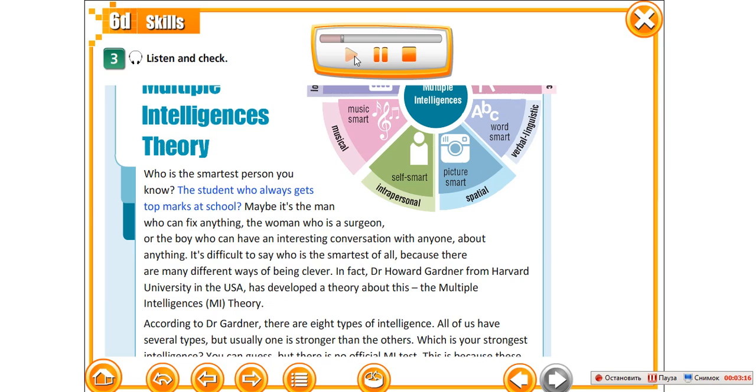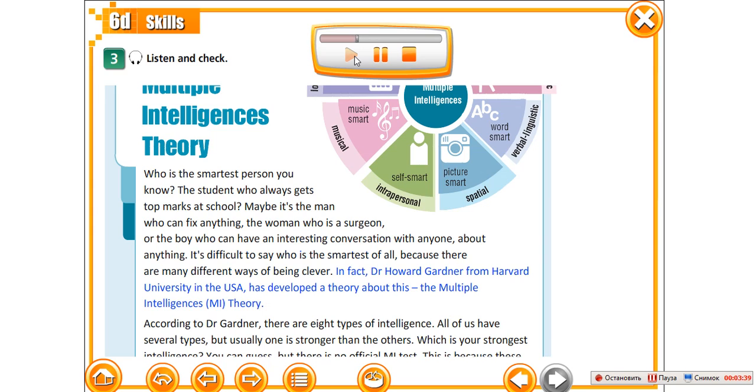The student who always gets top marks at school? Maybe it's the man who can fix anything, the woman who is a surgeon, or the boy who can have an interesting conversation with anyone about anything. It's difficult to say who is the smartest of all, because there are many different ways of being clever.